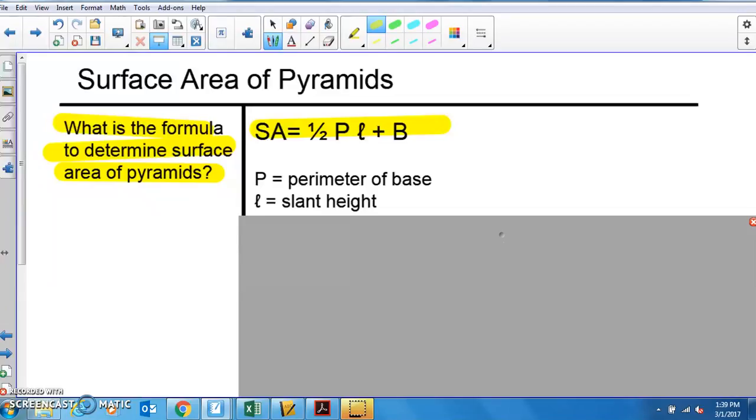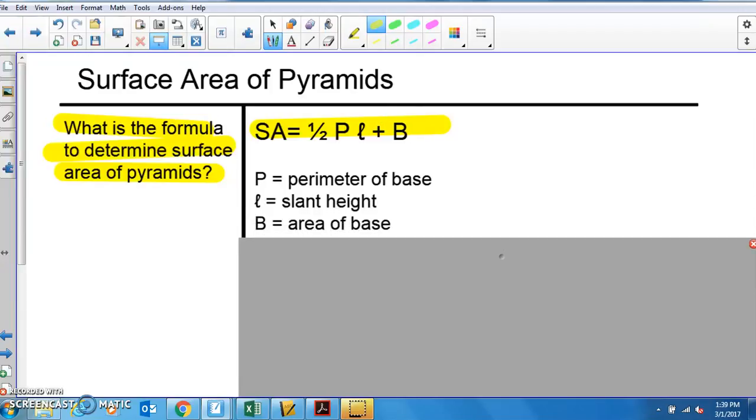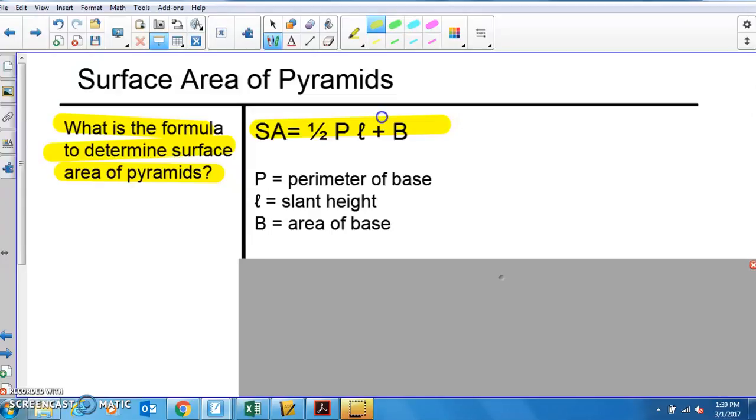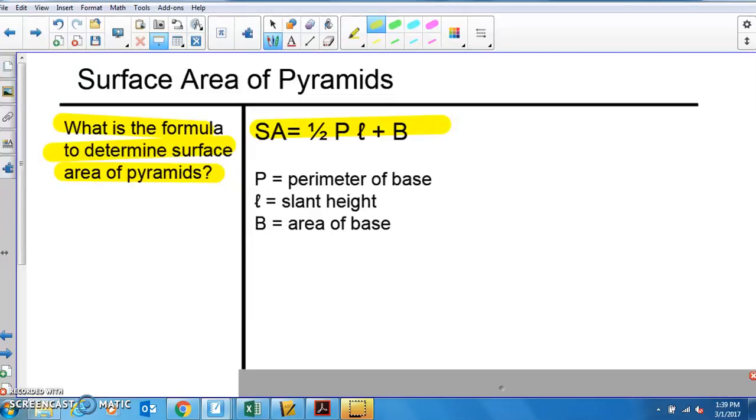So you figure out the shape of the base and add up the 4 sides or 3 sides of that base on that pyramid. L represents the slant height, which is the height of one of the sides. B represents the area of that base. So this is what you're going to use. You need to make sure that you understand this right here.